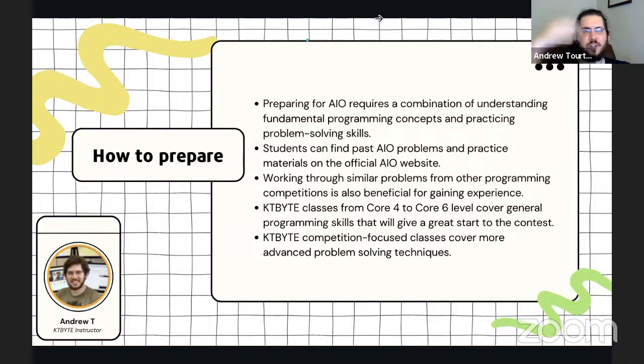There's a button there to create an account, and there's a link somewhere to look at AIO problems, and you'll click on one of them. It'll give you the description of it. There'll be a tab that says how to submit it. So you just need to explore, and any questions you can bring to us. But you might be surprised how easy it is to just get started and try doing some simple problems there. So yeah, I think we've kind of covered that slide then.